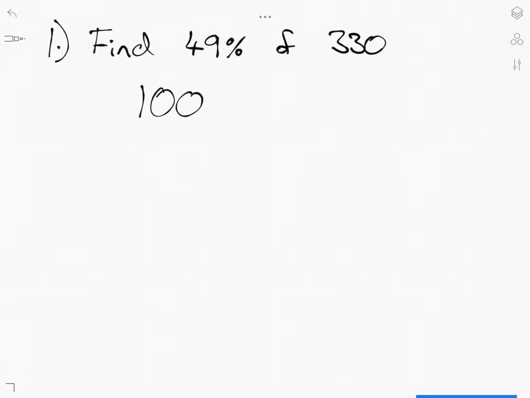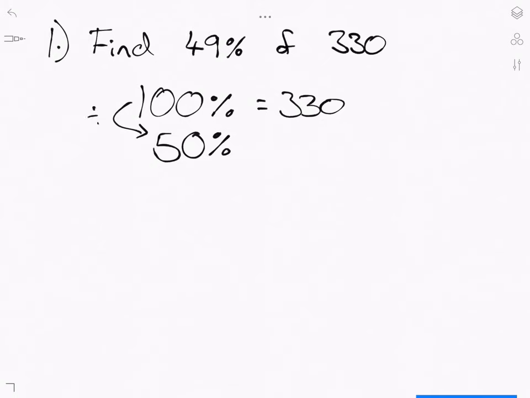But it seems obvious to me to do it this other way, so I'm going to show you how. We start off, 100% is 330. So I'm going to find 50%, and to get from 100% to 50%, I'll divide by 2. So to get on the other side, we have to do the same thing, divide by 2, and we get 165.